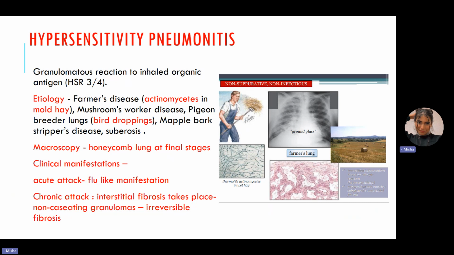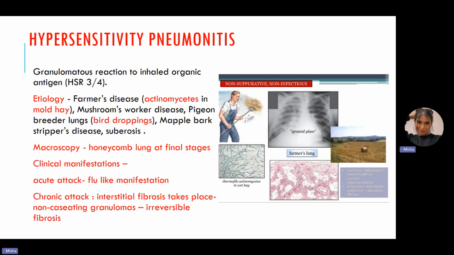So the etiology in this case would be either farmer's disease, which we know from microbiology, actinomycetes in mold hay. Then we have mushroom workers disease, pigeon breeders disease, caused by bird droppings. And we have maple bark strippers disease, which is caused by maple bark. And then we have suberosis, which is moldy cork dust.